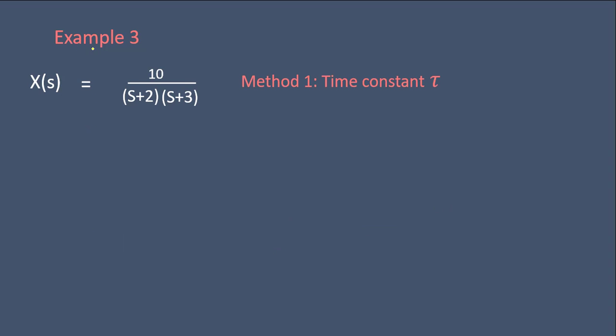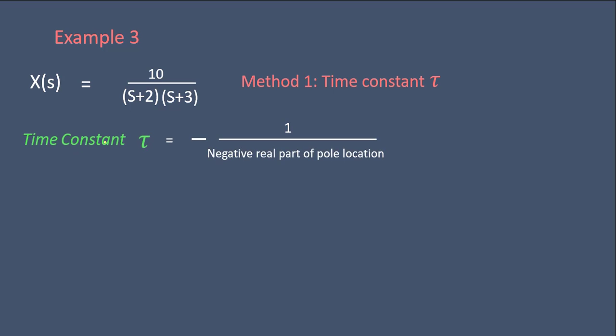Now we have one more example. Example number 3. Our transfer function X of s is given by 10 upon s plus 2 into s plus 3. Find the time constant tau. Now again, we know the time constant formula. Tau is equal to minus 1 upon negative real part of pole location.